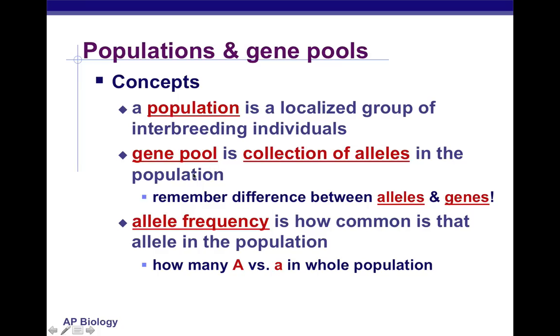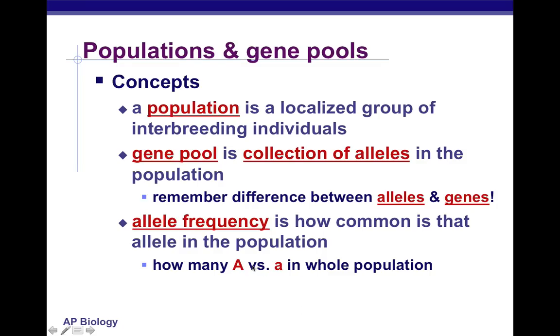So all the brown hairs, all the blonde hairs, all the black, and so on. Remember the difference between alleles and genes. Alleles are an alternative version of a gene. So there's the gene for hair color, and alleles for the gene of hair color are blonde, brown, black, red, and so on. So alleles are the alternate versions of the gene.